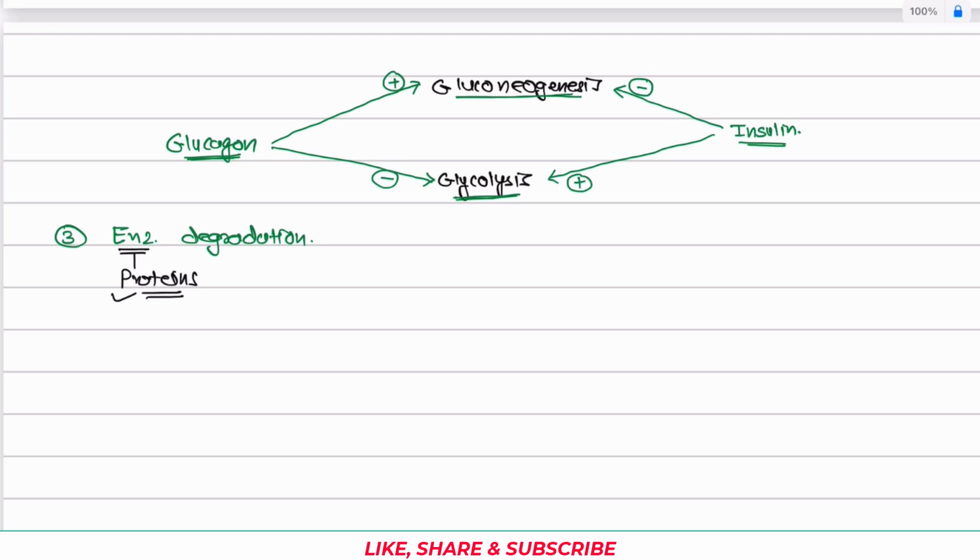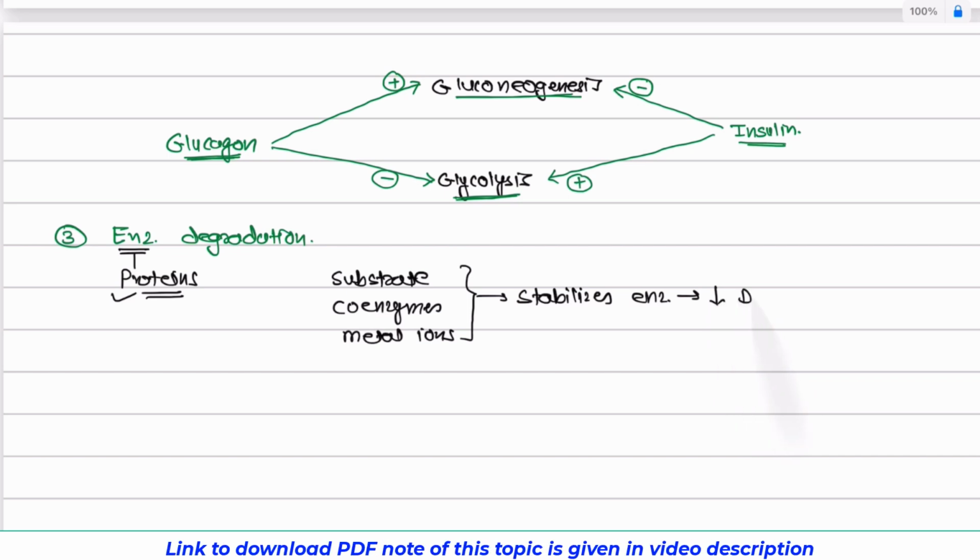So most of the time enzyme stabilizers are the substrate of a particular enzyme, then coenzymes or metal ions. Such types of molecules generally stabilize enzymes, and so they can decrease the degradation of enzyme.